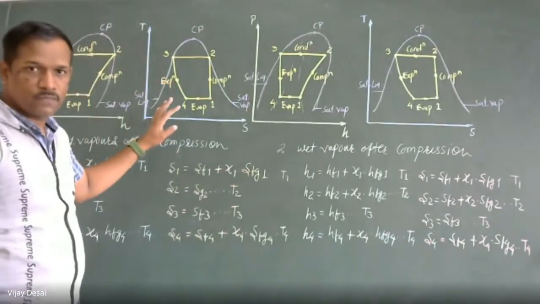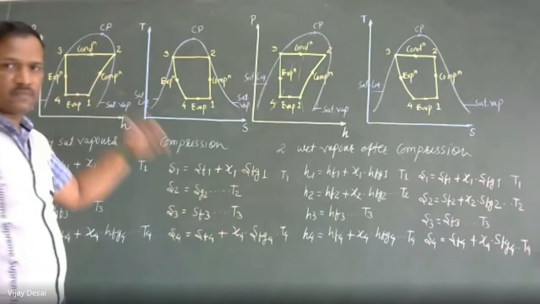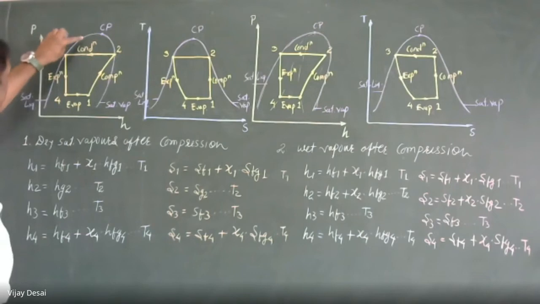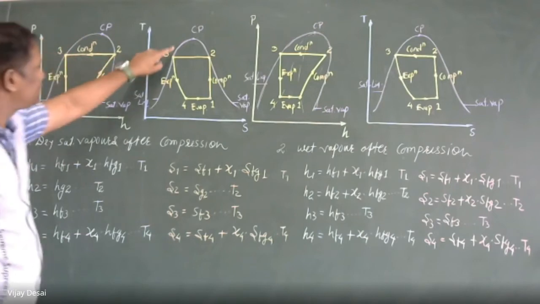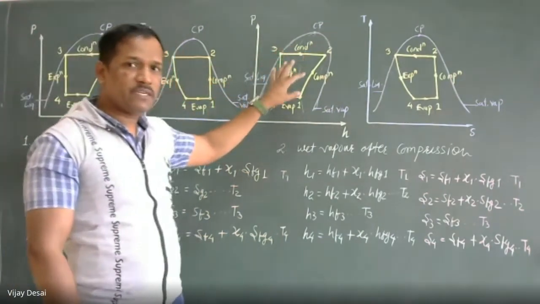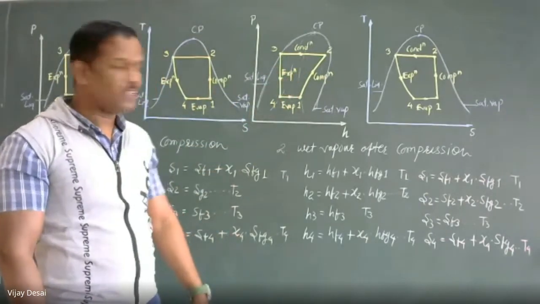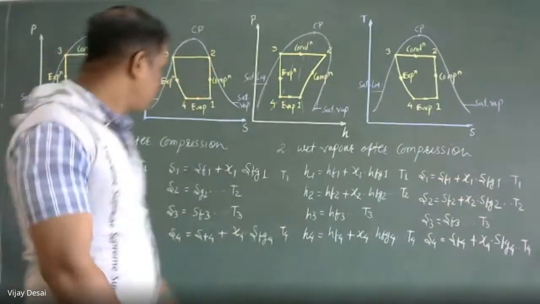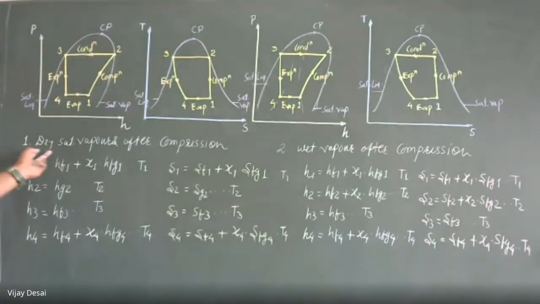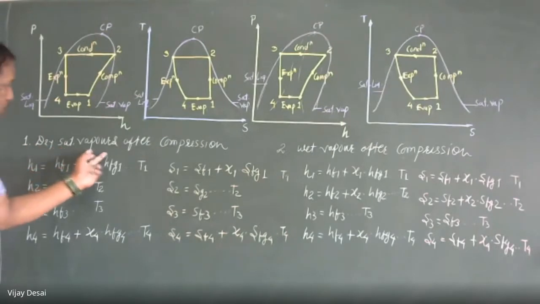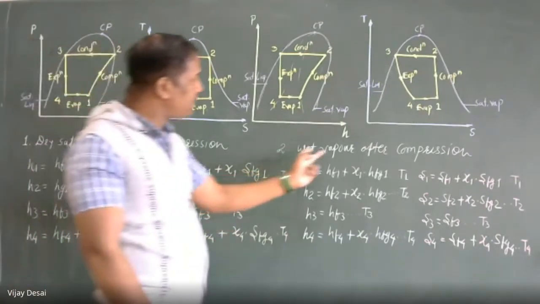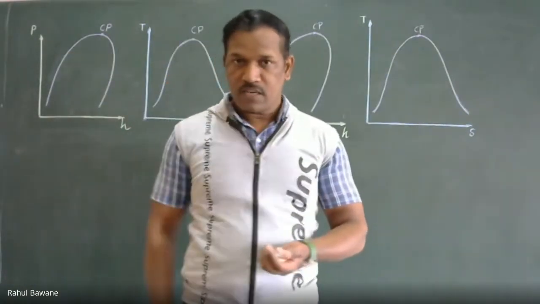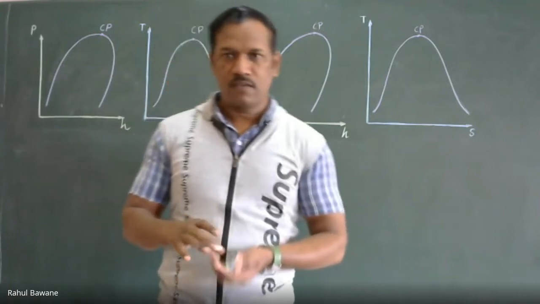And if there is subcooling, here we are assuming that after the condenser it becomes saturated liquid, but if it becomes subcooled, how do we represent that? So there are almost 5 different conditions. Today we saw dry saturated vapor after compression and wet vapor after compression. So we will start on the remaining 3 types.